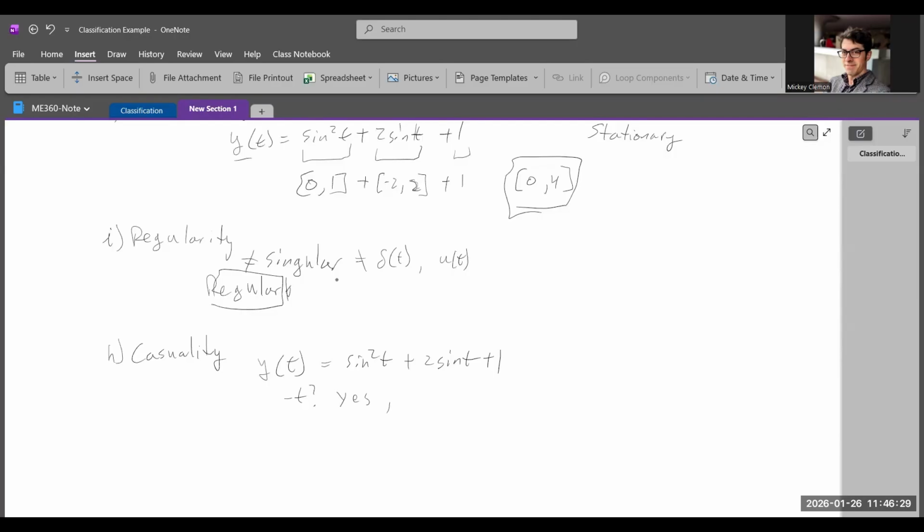Are they non-zero? Yes. Does it have values at plus t? Yes. Are they non-zero? Yes. Okay, so this is non-causal, right? Y has values both in the minus t and plus t domains, and neither are zero for all time minus t or for all time plus t, so it is non-causal.